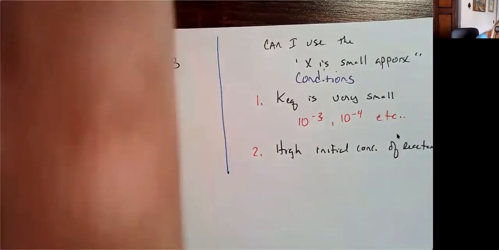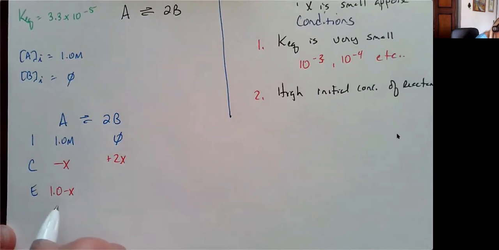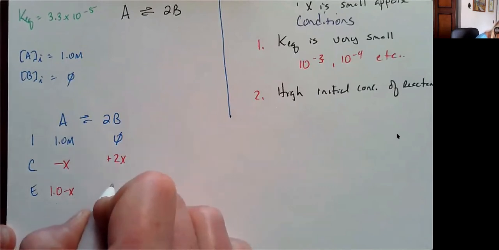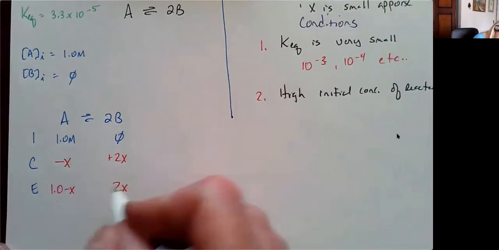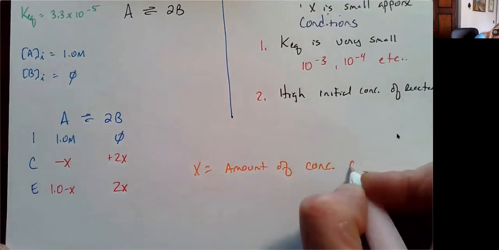My change here is this is going to go down. This is going to go up by 2x. My equilibrium concentration here is going to be 1 minus x. Here it's going to be just 2x. So that x, remember, x is the amount of concentration change.